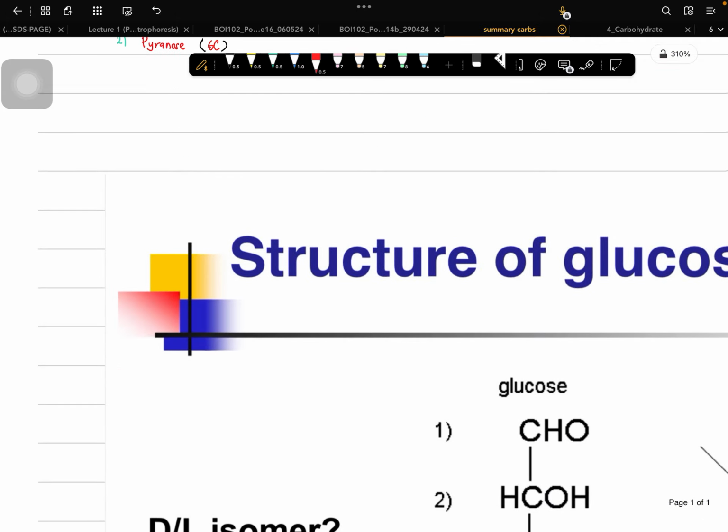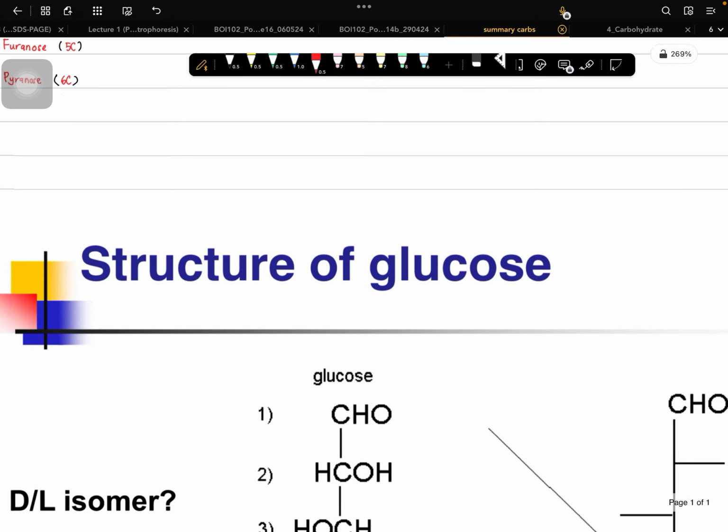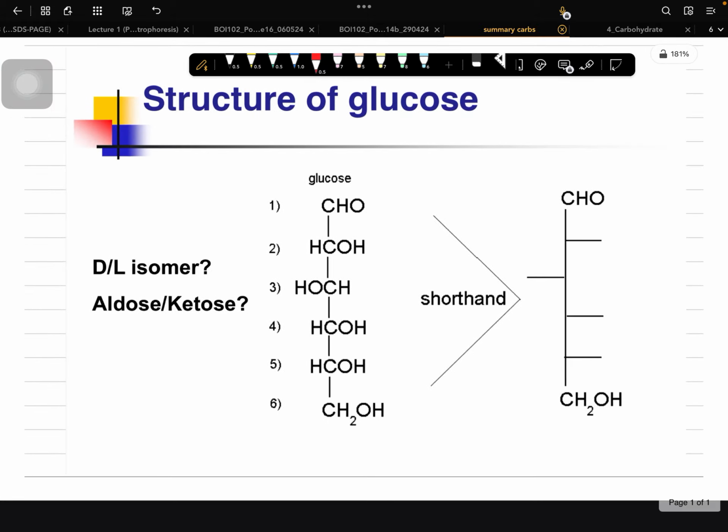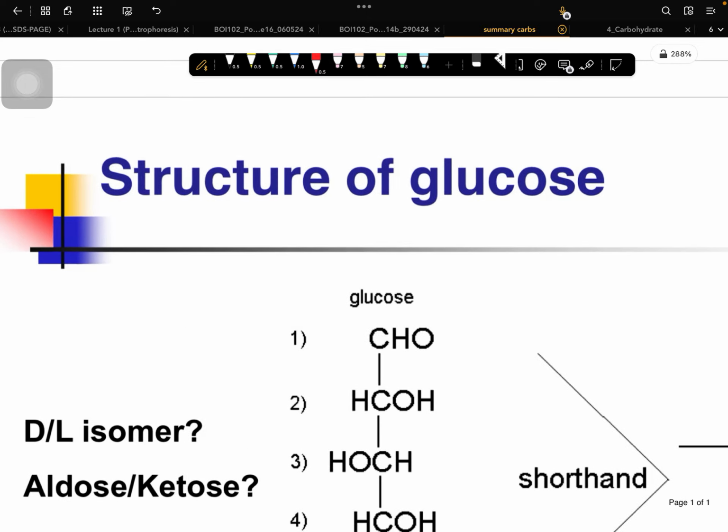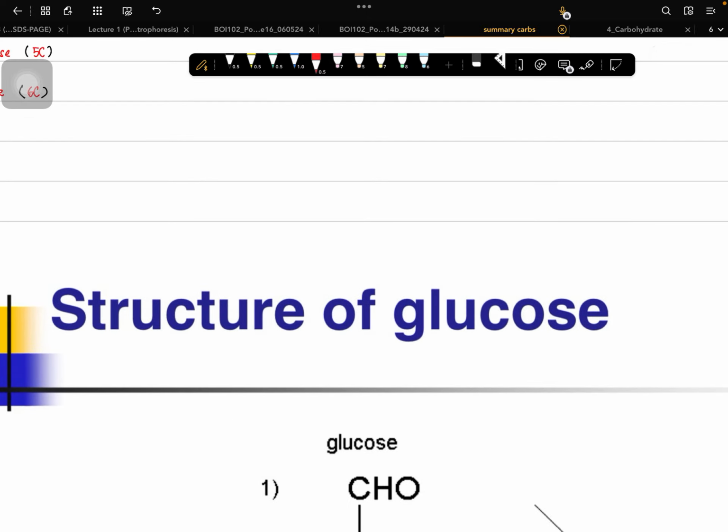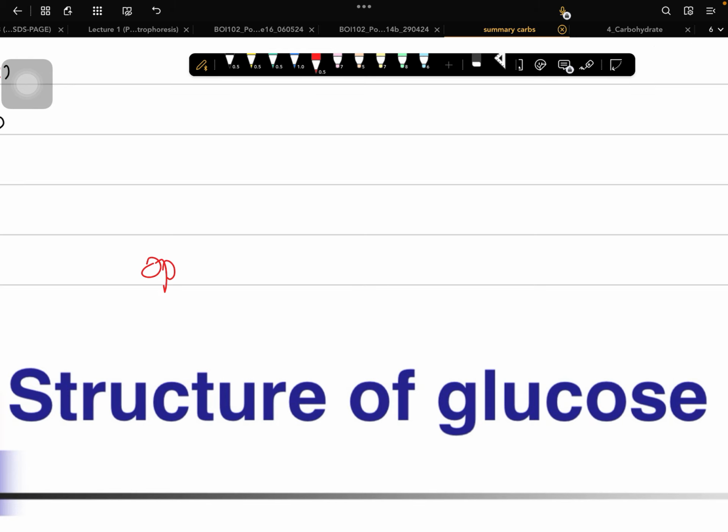Before we enter the part on disaccharides, we have to understand the structure of glucose. Glucose is an optically active sugar, because it can rotate plane polarized light to the right or to the left.